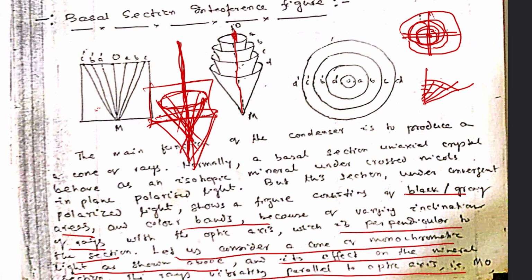But this light has the same amount of inclination to the optic axis. So their character will be the same, and this character will be different from the light rays which come in this ring.